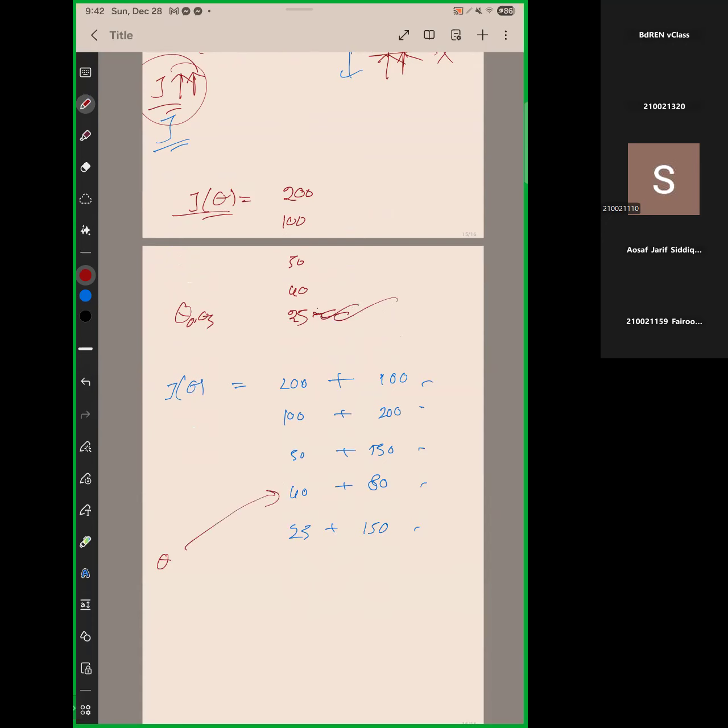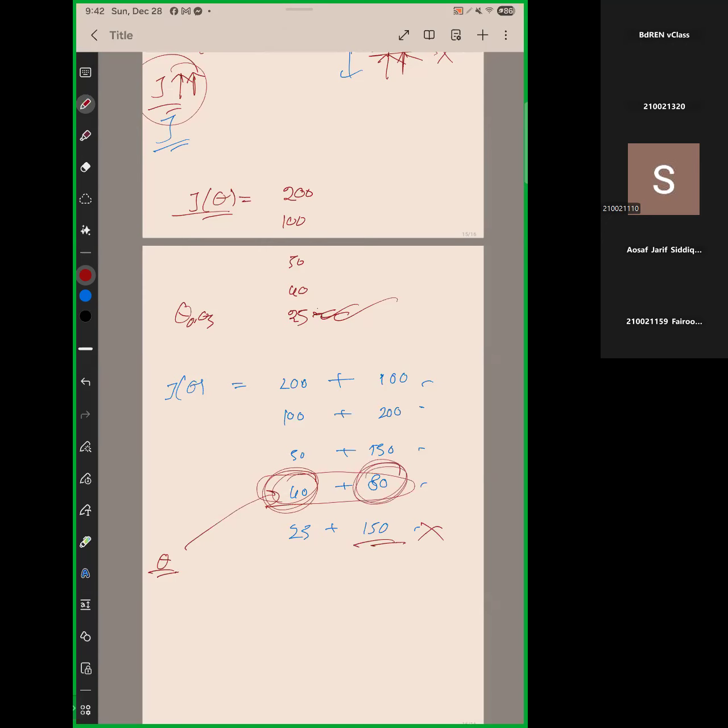Previously it would have chosen this, but for that value some of the theta was very high, so the total cost becomes very high. But now it is going to choose this theta, not that one. You might say that for this theta you don't get the lowest cost of error. Fine, that's fine. I don't want only the lowest cost of error, I also want this.